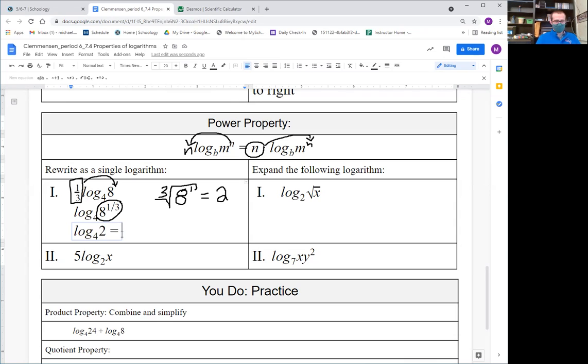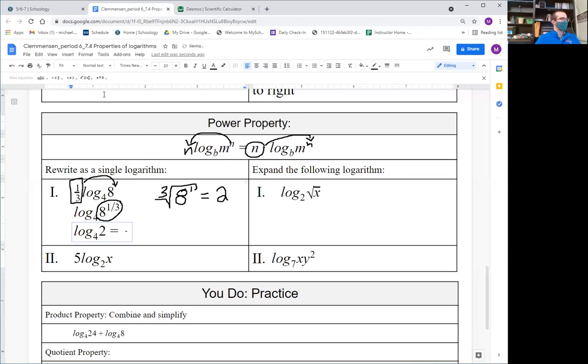The correct answer is, I like the fraction bar version, 1/2, which is also the same as 0.5. If you were to plug it into a Desmos calculator, it would probably give you 0.5 as your answer. I would accept that as an answer. I like fractions better, so I'm going to leave mine as a fraction, 1/2.